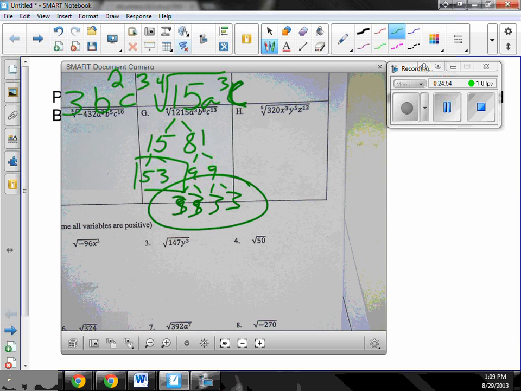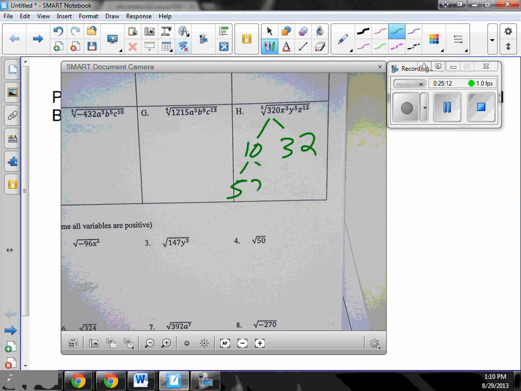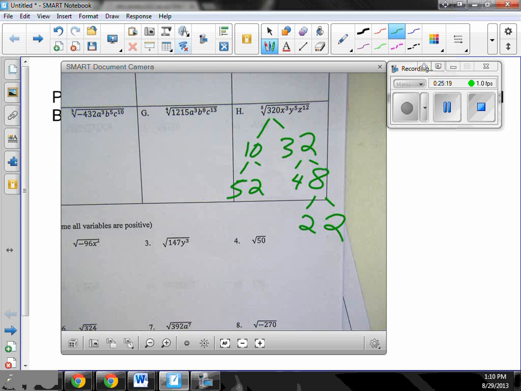Okay. Letter H. If this were negative, would I need an i? No. If it's an odd root, you do not need an i. I know this is 10 and 32, 5 and 2, 4 and 8, 2 and 2. Oh, sorry. There's another 2 there. Do I have any quintuples?